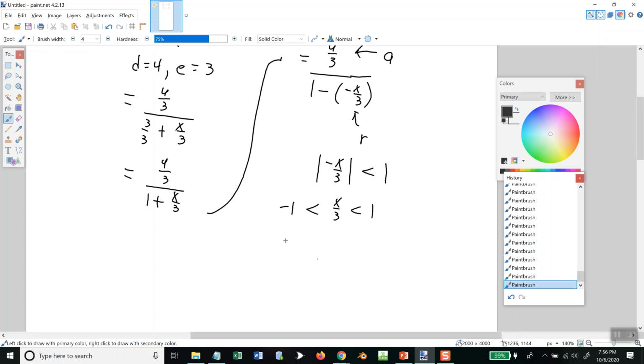Multiply everything by 3. I get this. So the interval of convergence is negative 3, positive 3. Good so far?